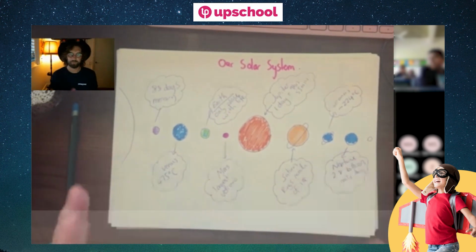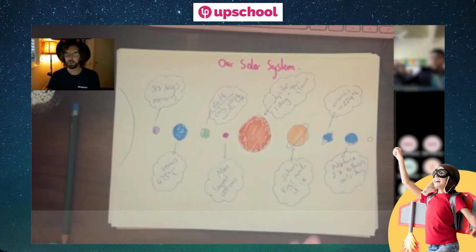So the question is, what are you going to do with this diagram? Your job is to take this diagram and to show it to somebody else. You're going to have to teach somebody about the universe, teach somebody about the solar system. You're going to have to pass on the knowledge and become a teacher.